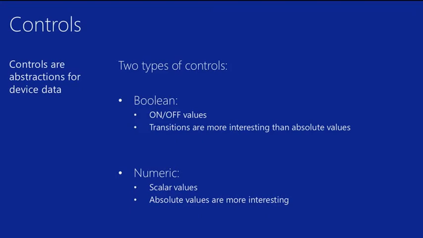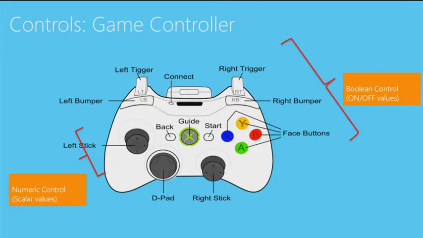And it's more interesting to look at Boolean controls in terms of their transitions. For example, a switch changing state from on to off. Whereas numeric controls are more absolute and linear or scalar. And for them, the values that you really want to look at are the raw values themselves, which are absolute.